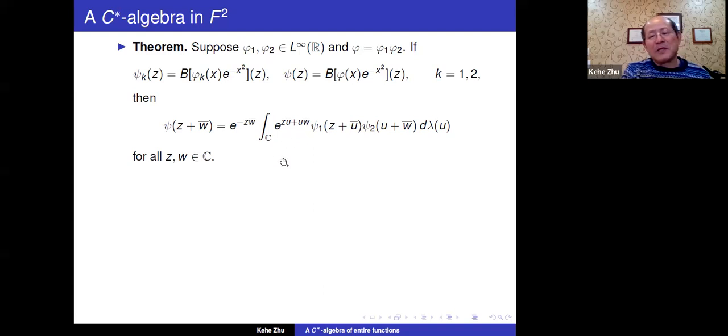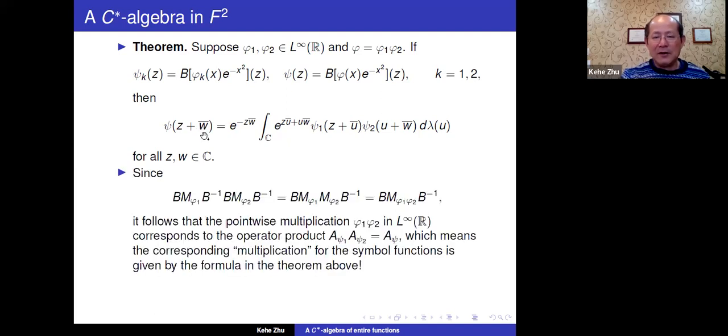This just follows from some elementary result in several complex variables. It's pretty easy to show. But the trouble with this formulation is you have the z and the z bar in here. But obviously, if you let w equal to 0, then you're going to get a formula to compute psi z based on psi 1 and psi 2.